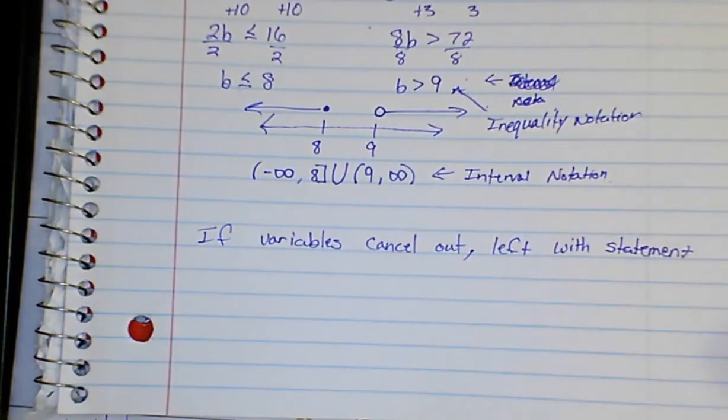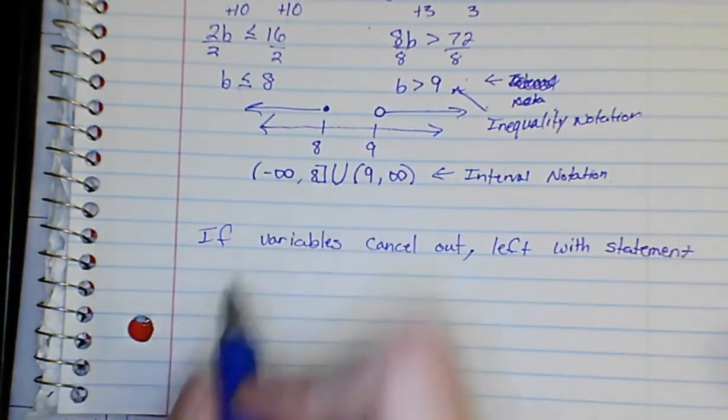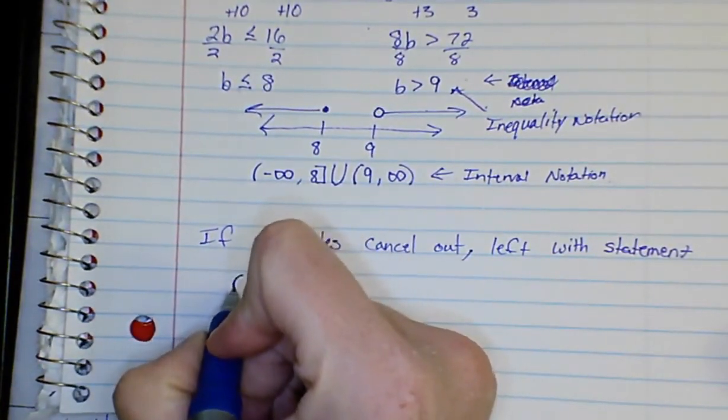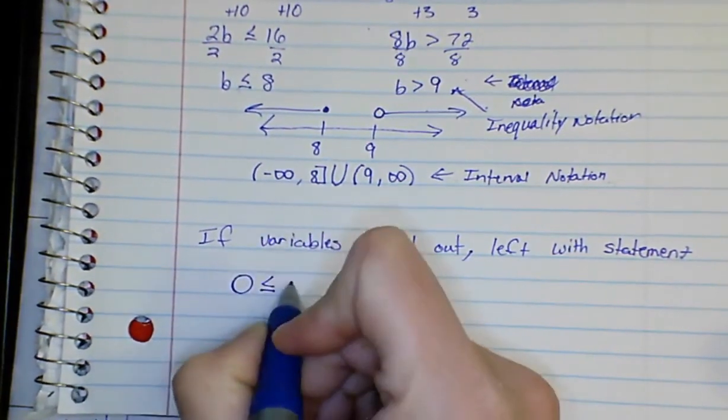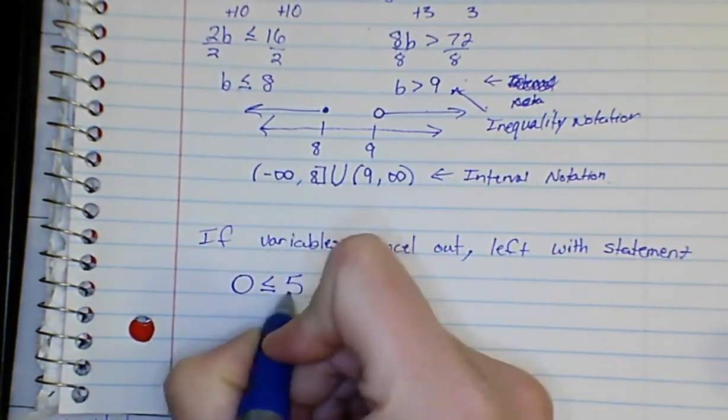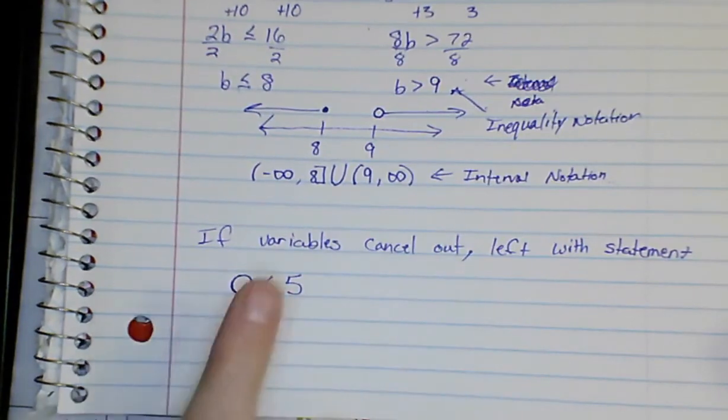And this statement could be true or false. So if you have, let's say 0 is less than or equal to 5, that is a true statement.